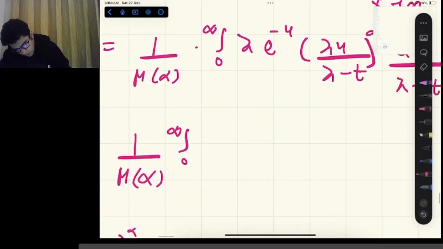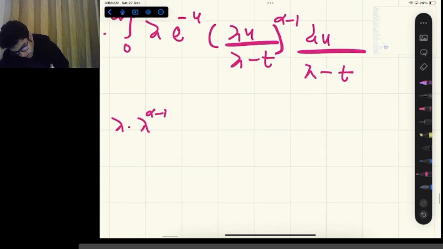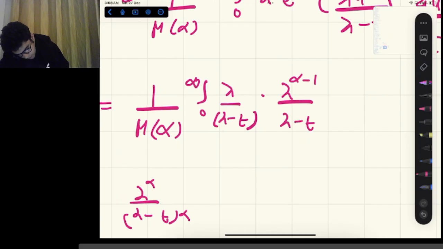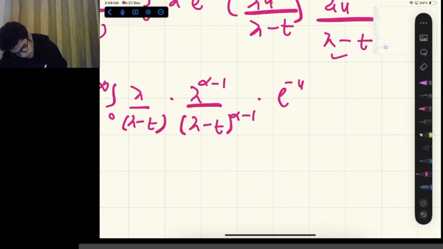Now if I take out lambda and lambda minus t, this becomes lambda into lambda to the power alpha minus 1, and I already had one lambda minus t here, so this was lambda upon lambda minus t, into lambda to the power alpha minus 1 upon lambda minus t to the power alpha minus 1, into e to the power minus u, u to the power alpha minus 1 du.